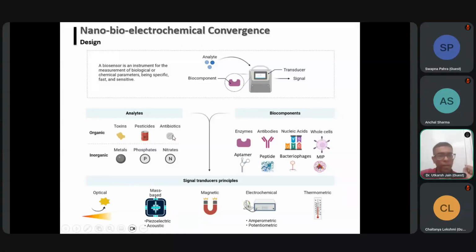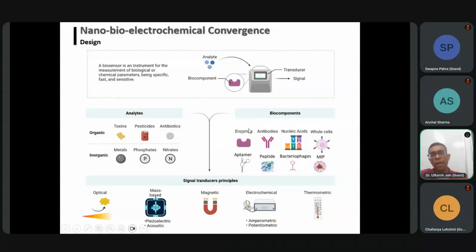So for all the organic materials, if those have an interacting partner, a proper interaction with a biorecognition element, then only can I utilize that for designing a biosensing device. You can also detect certain metals, phosphates, and nitrates. Actually, that is not my area, as I'm more working on organic materials.